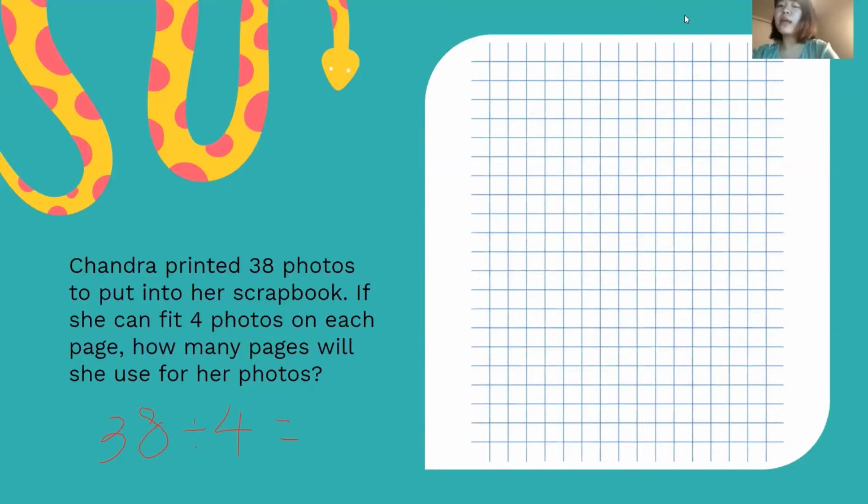Okay, then since we have the equation, we can start to set up the area model. So we already know in each group we're going to put 4. And let's see how many groups we can get to 38.